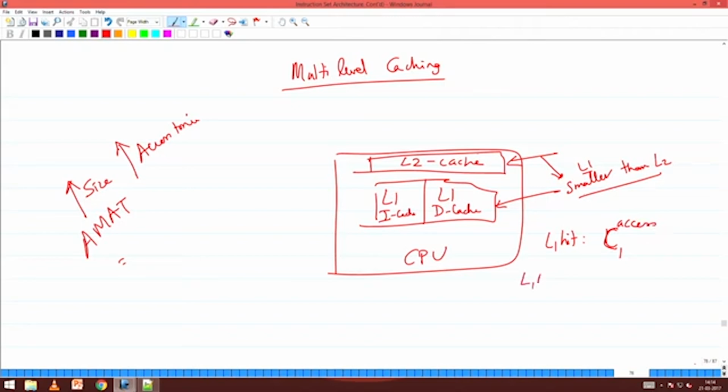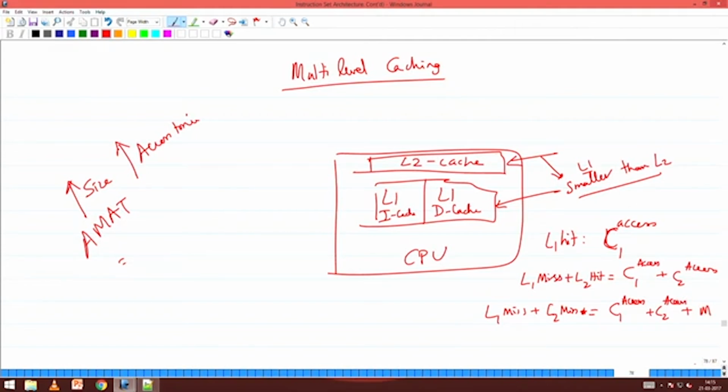If L1 miss plus L2 hit, essentially it means C1 access plus C2 access. L1 miss plus L2 miss, there is nothing more. So this will be C1 access plus C2 access plus memory.